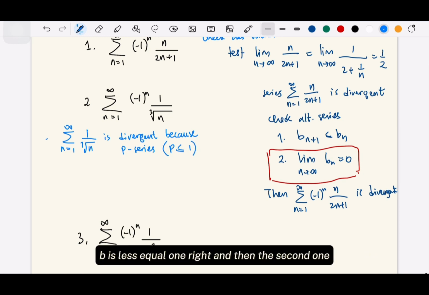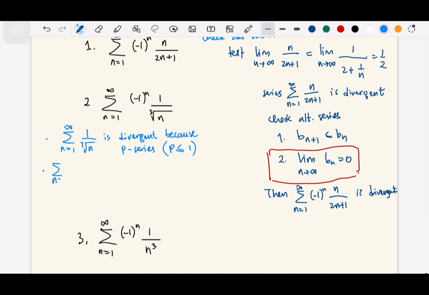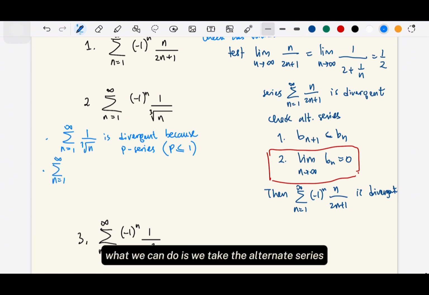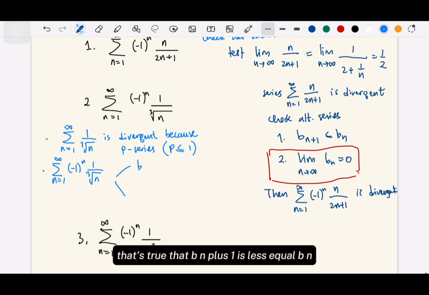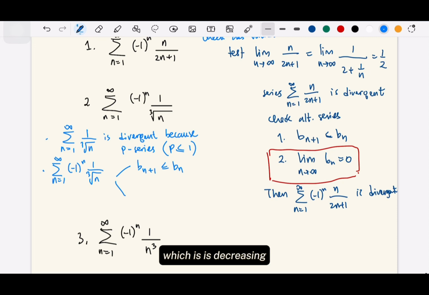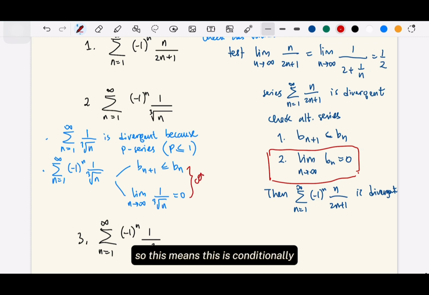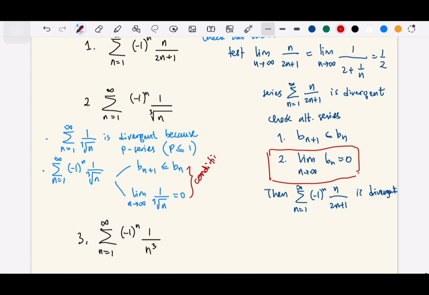And then for the second one, what we can do is we take the alternate series and we say that it's true that Pn plus 1 is less than or equal to Pn, which means it's decreasing, and the limit of this is equal to 0. Right? So this means this is conditionally convergent.